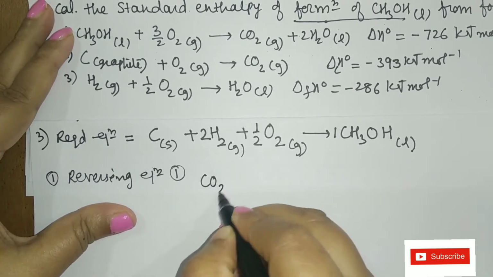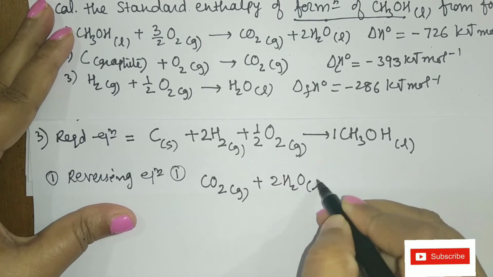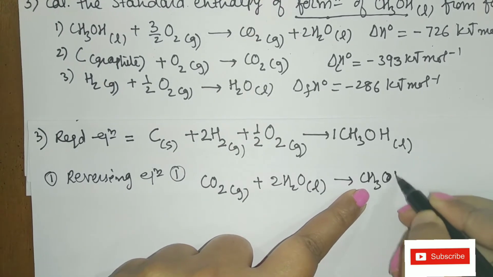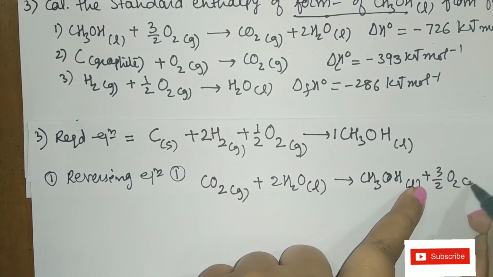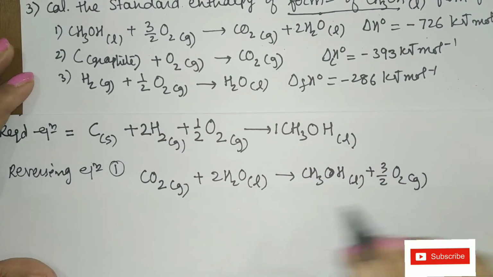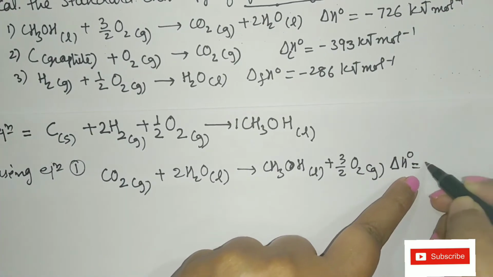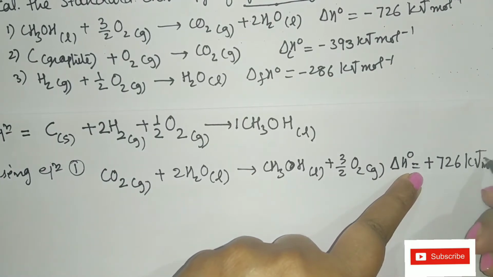It will be carbon dioxide gas plus 2H2O liquid gives methanol plus 3/2 oxygen gas. Right? As I have reversed this, I will reverse the sign for this also. So it will be plus 726 kJ per mole.